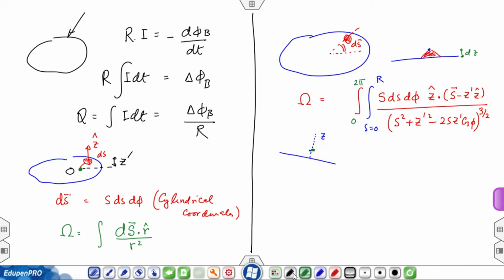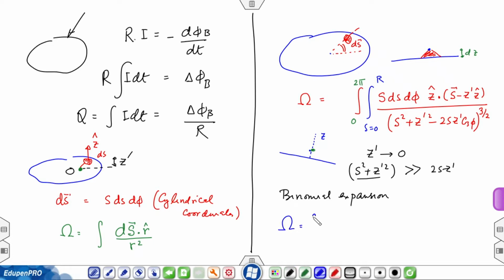Now, keep in mind that z prime is tending to 0. So, s square plus z prime square is much greater than 2 s z prime. So, I can do a binomial expansion and get omega equals the integration from 0 to 2 pi of d phi, integration from 0 to r of s ds. Then I have z dot ds is 0.